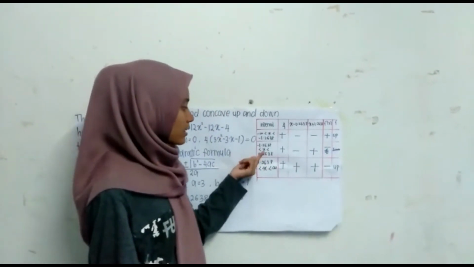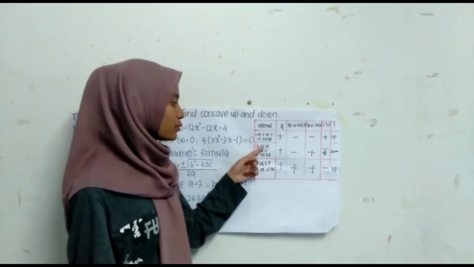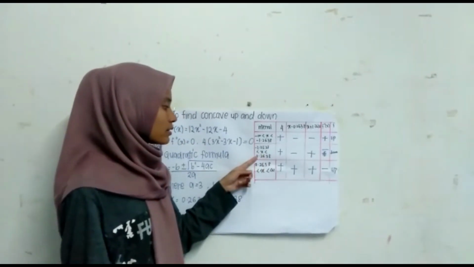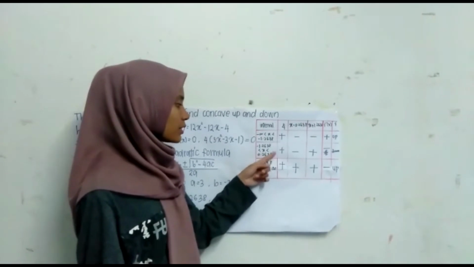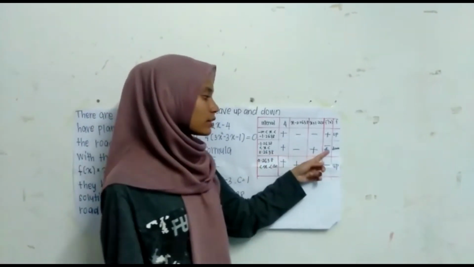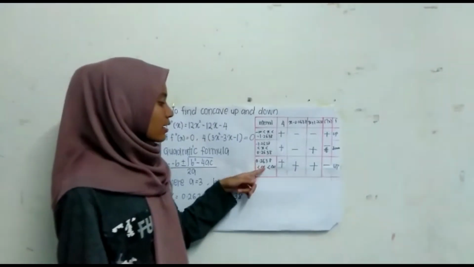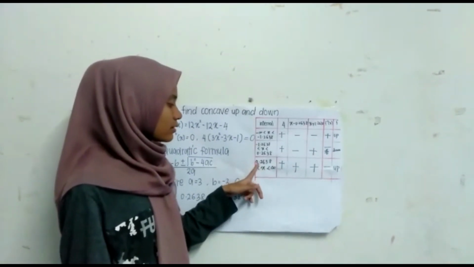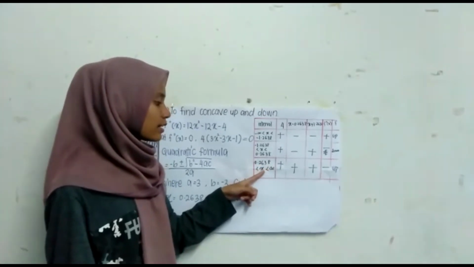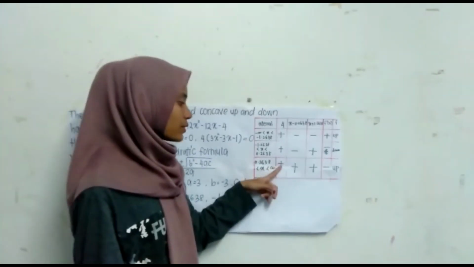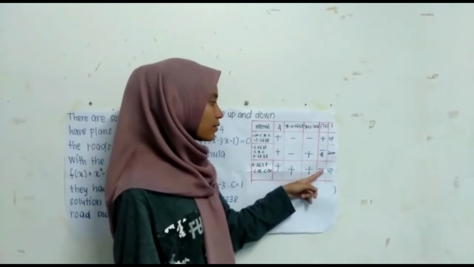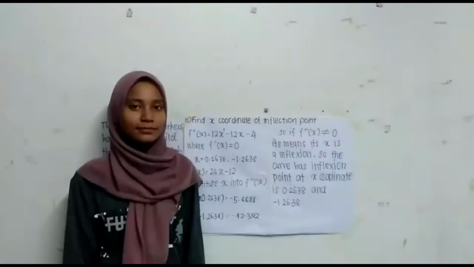Next, x more than negative 0.263 and less than 1.263, we get positive, negative, positive, negative, and we get concave down. And the last, x more than 1.263 and less than infinity, positive, positive, positive, negative, and we get concave up.